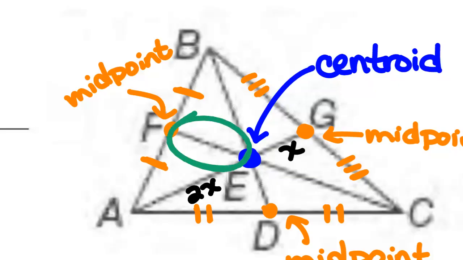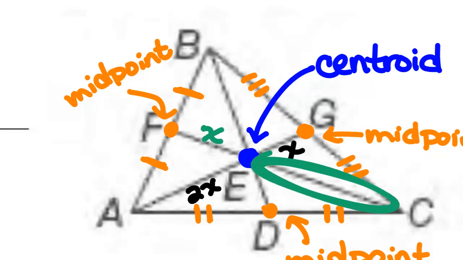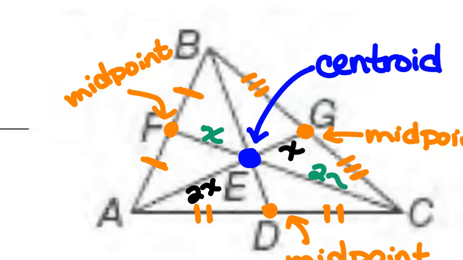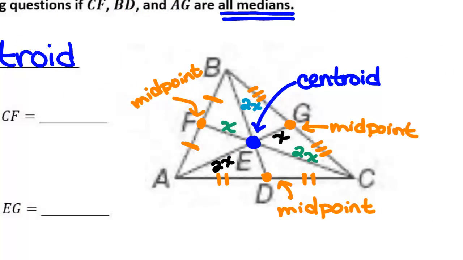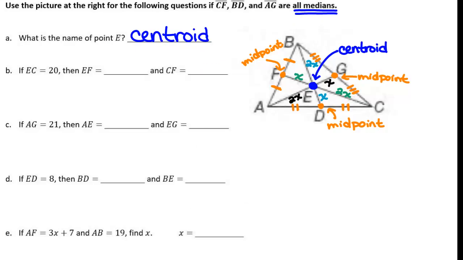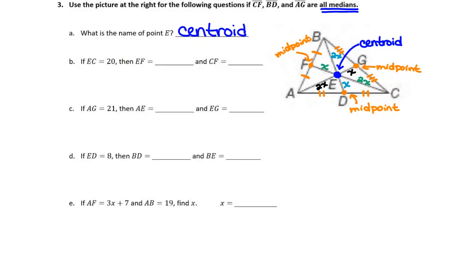Would this be an x or a 2x? That would be an x. What about here? That would be a 2x. What about here? That'd be a 2x, yes. And so then this last piece right here, that would be an x. Remember, if it goes to a midpoint, it's an x. If it goes to a corner, then it's a 2x.